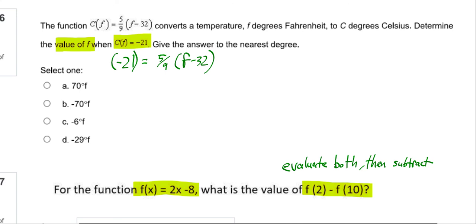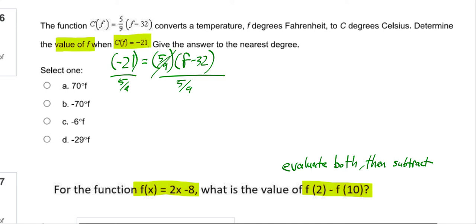So it says find the value of f when c of f is negative 21. c of f is negative 21. That's equal to 5/9 f minus 32. I want to solve for f. So f minus 32 times 5/9, I'm going to divide both sides by 5/9.